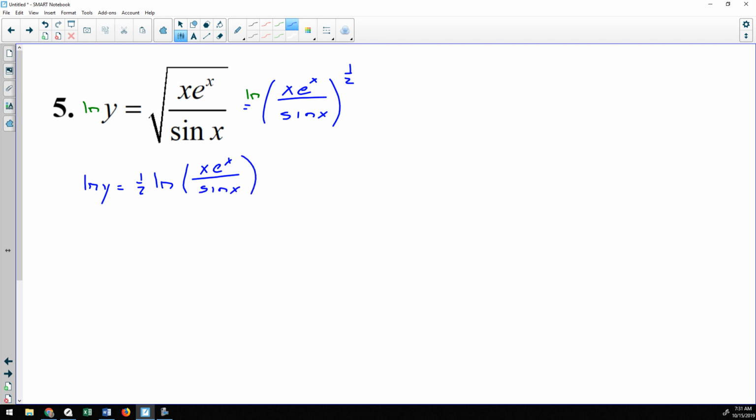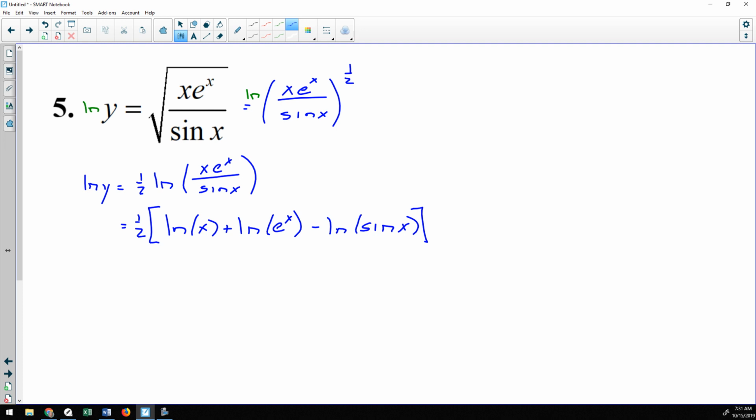But then in that natural log on the right side, I see a product in the numerator, and then I'm dividing by sine x, so I can split all of that up into the natural log of x plus the natural log of e to the x. I'm sorry, that's plus. Those are both in the numerator. Then minus the natural log of sine x.